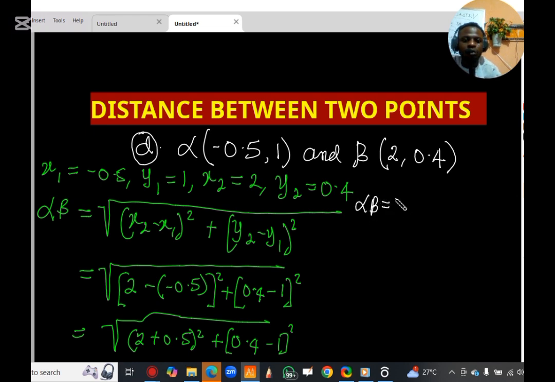So that our alpha beta will be equal to, let's add this up. It should give us 2.5 squared plus, I think, negative 0.6, yes, all squared.